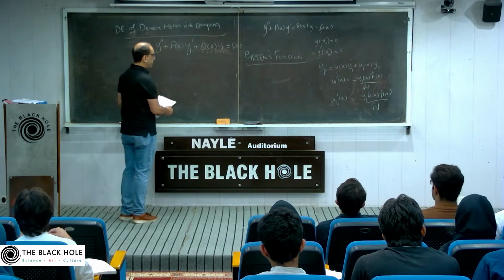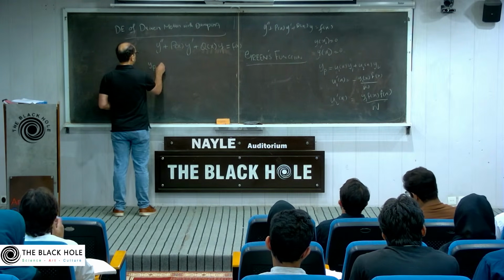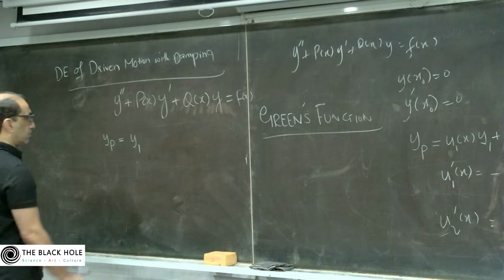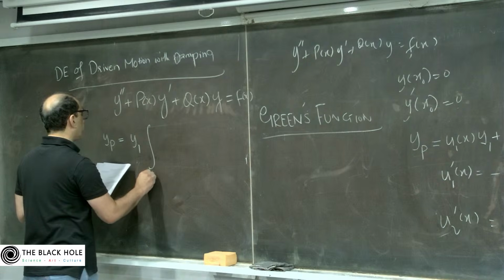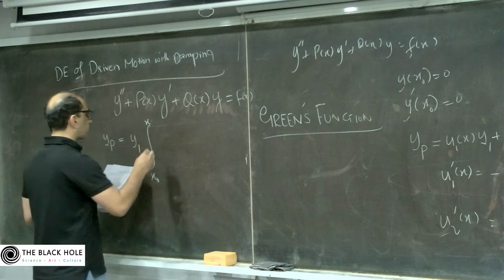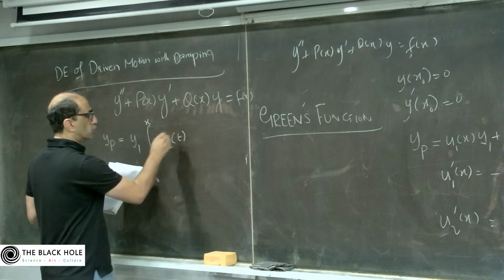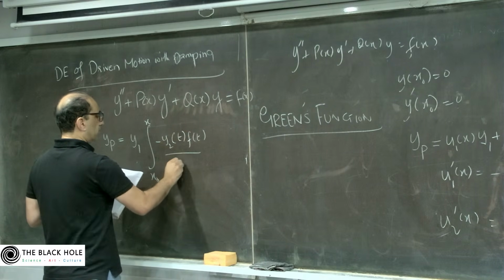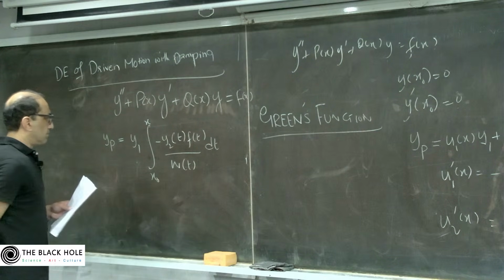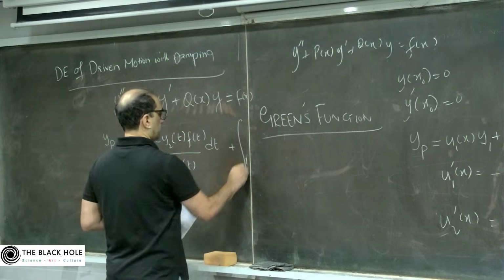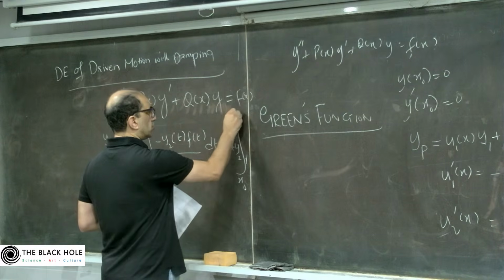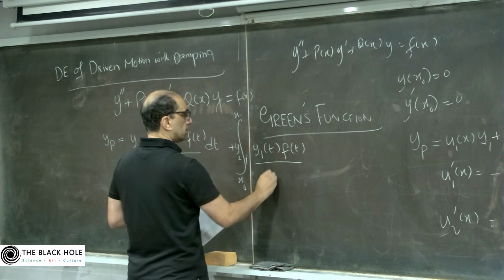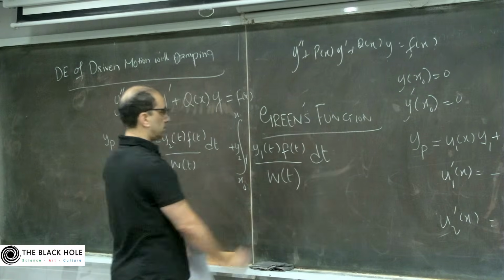I can write yp is equal to y1 times the integral from x0 to x of -y2(t) f(t) divided by W(t) dt, plus y2 times the integral from x0 to x of y1(t) f(t) divided by W(t) dt.